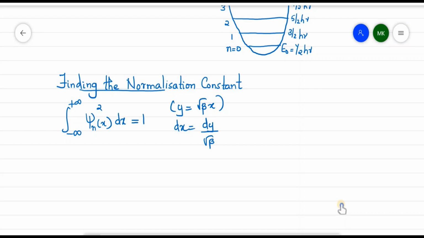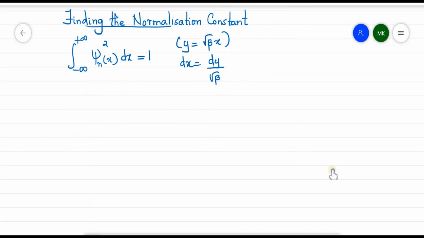So expressing xi in terms of y, the normalization condition can be written as the integral from minus infinity to plus infinity of xi n of y square dx equals 1.